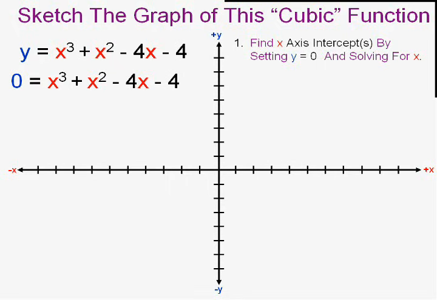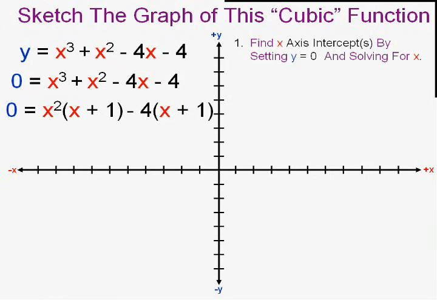Now, typically I'm going to give you ones that are solvable using the 0 property. I'm going to factor this, taking out an x squared, and we'll factor this portion, taking out a minus 4, and sweetly I see that there's 2x plus 1.